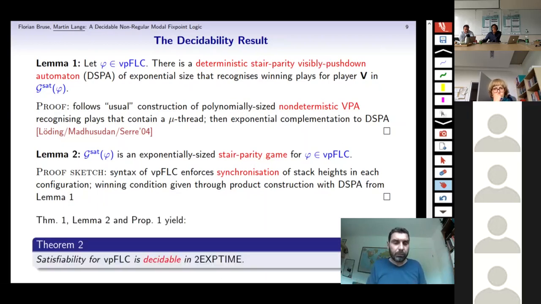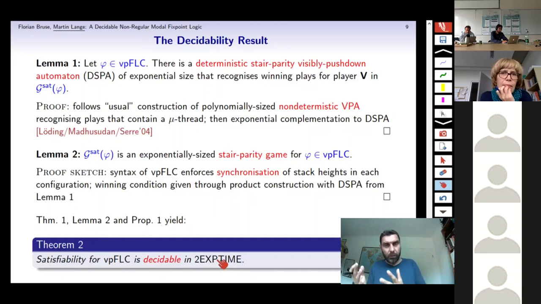Putting this together with proposition 1 and theorem 1: proposition 1 said stair parity games are solvable, and theorem 1 said that the games correctly characterize the satisfiability problem. This means that the satisfiability problem for this fragment VPFLC is decidable in double exponential time.